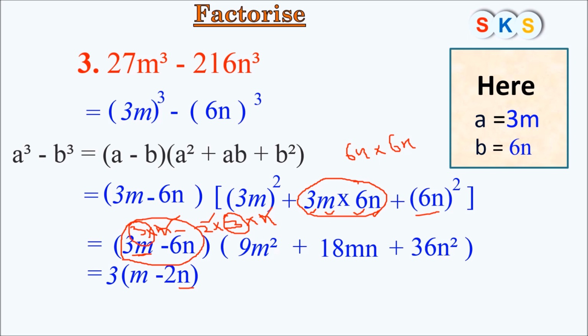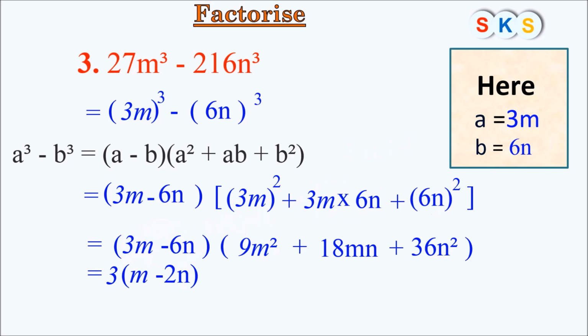Now similarly, look at the second bracket. In the second bracket we have 9 as a common factor. You can write 9 into m square, correct? And 18mn means 9 into 2mn, right? And 36 you can write as 9 into 4n square, because 9 times 4 is 36.